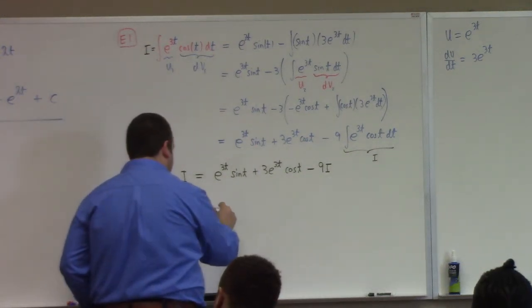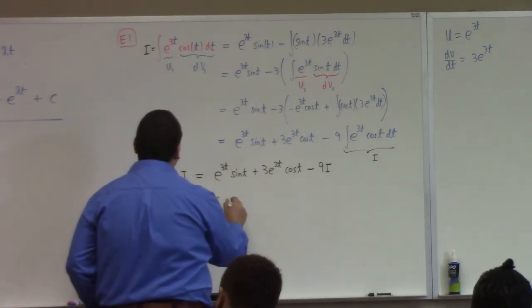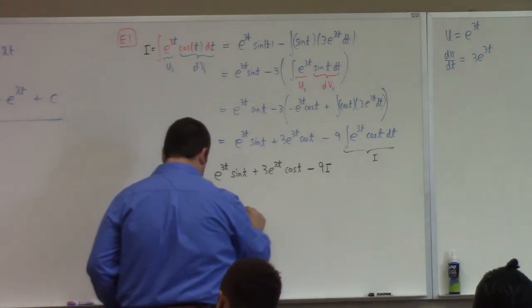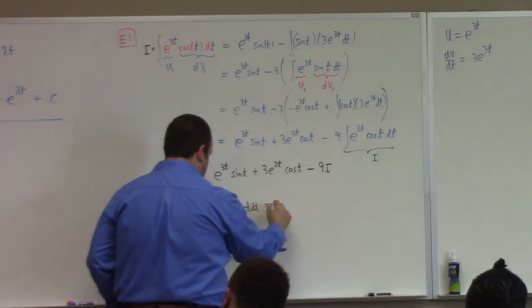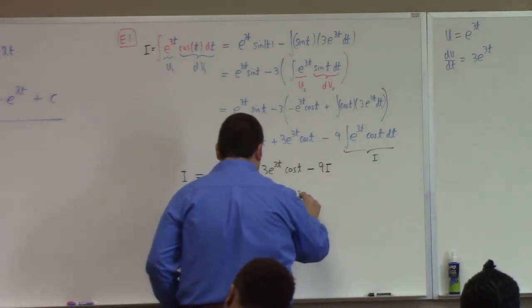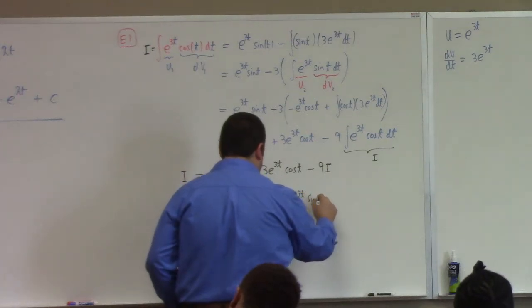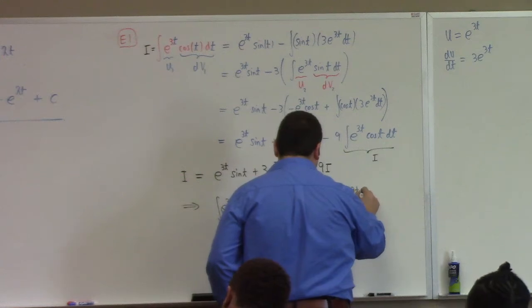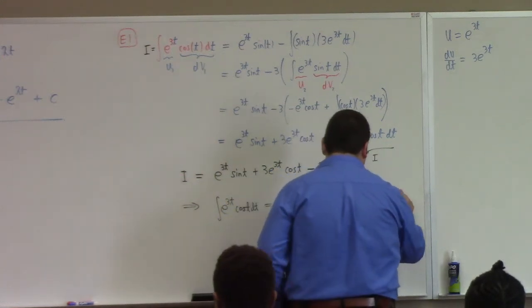And we solve for I. So the integral of e to the 3t cosine t dt is 1/10 e to the 3t sine t plus 3/10 e to the 3t cosine t plus a constant.